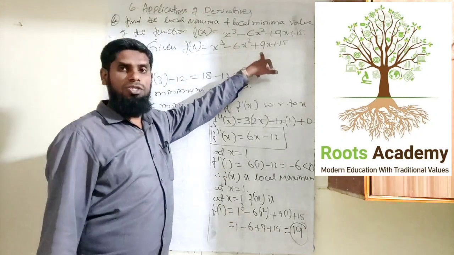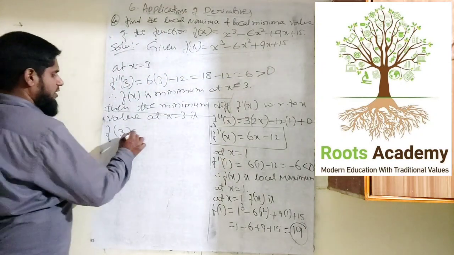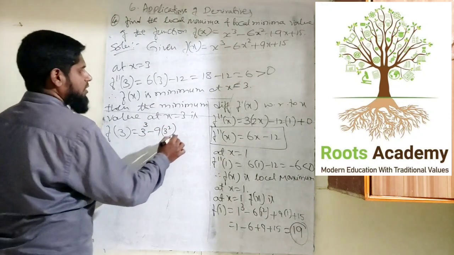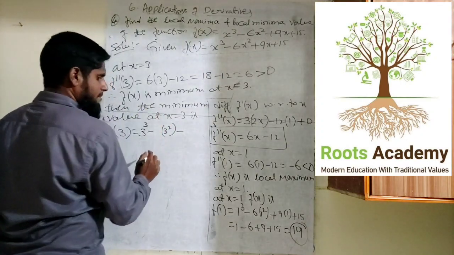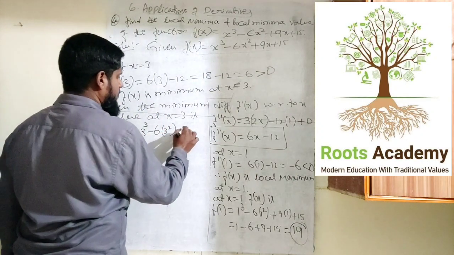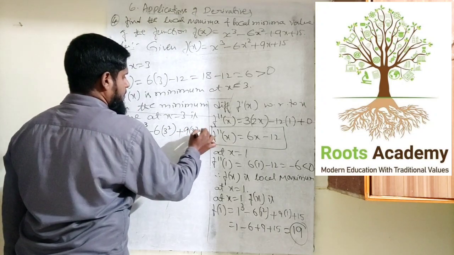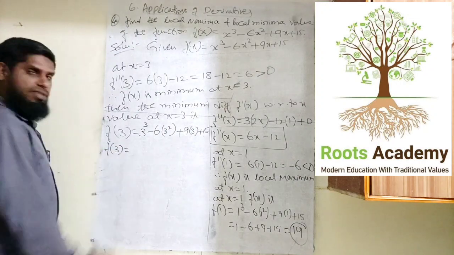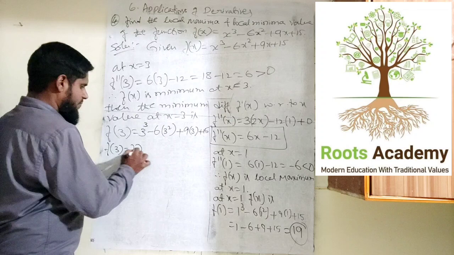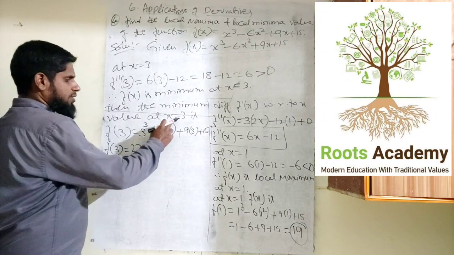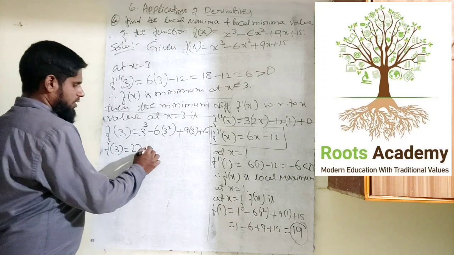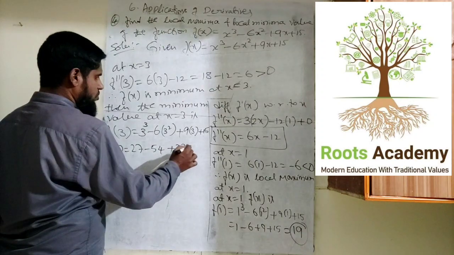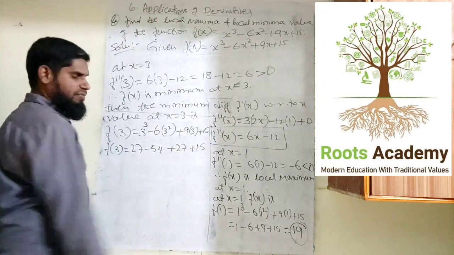In this function I put x as 3, and f(3) is equal to 3³ − 6 into 3² + 9 into 3 + 15. f(3) is equal to 3³ is 27, 3² is 9, 9 into 6 is 54, plus 9 into 3 is 27, plus 15.